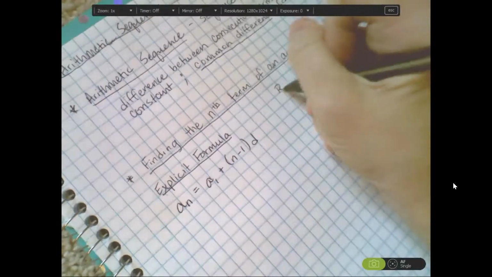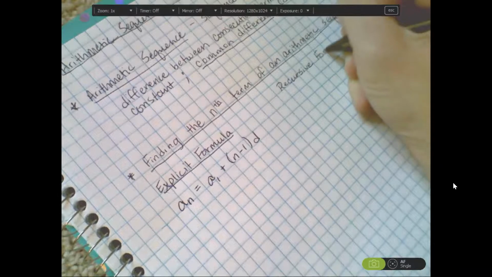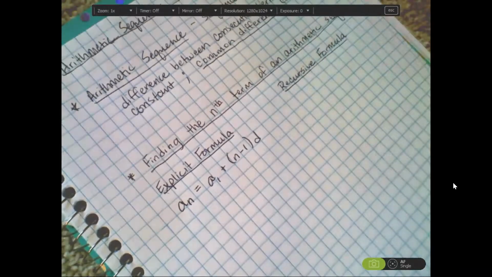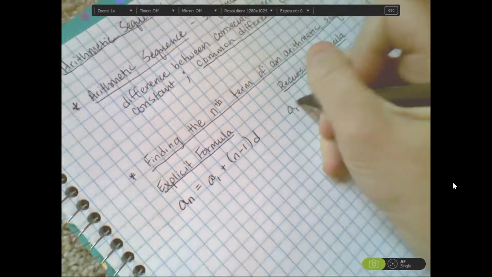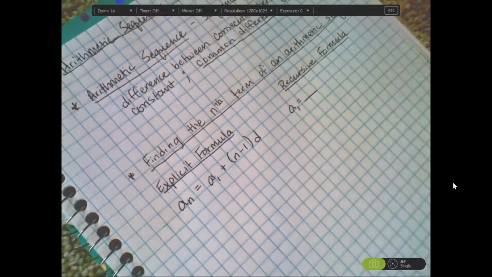And then if the question asks us to find a recursive formula, we have a way to do that too. So remember, recursive, the first thing that we have to do is to state what the first number is in the sequence. So we need to say what a sub 1 is.